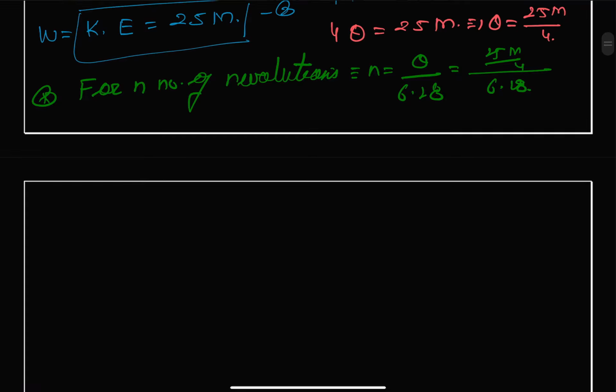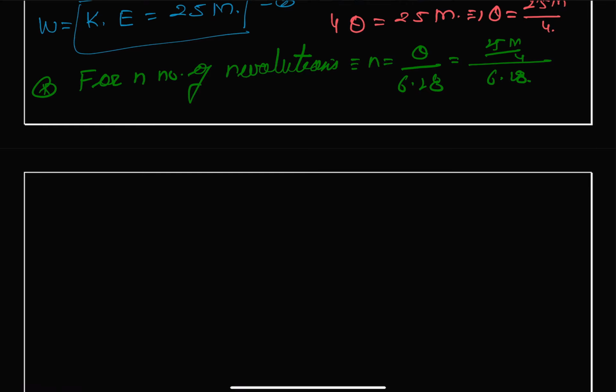Anyways, let us just write the final equation for n, that our n will be equal to, this will be coming as 0.9952 times m. And if the value of m is given, we can just find out n.